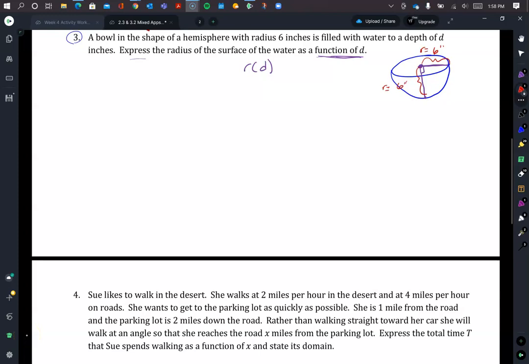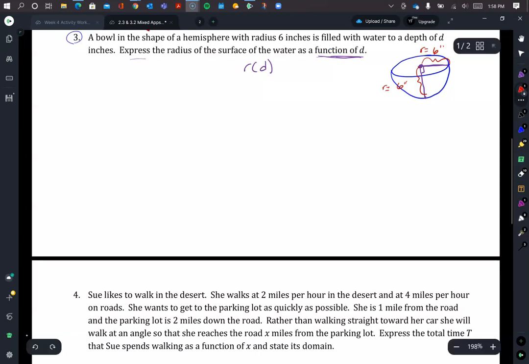So this is not quite to scale, but I've marked in here the radius going across the top of the bowl is 6 inches, and then down to the bottom of the bowl would be 6 inches. But what I'm trying to figure out is what the radius is for the water line there.